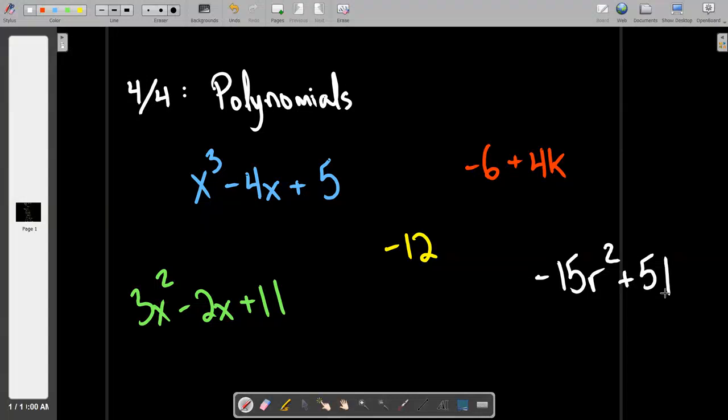So again, rather than discuss the definition of what a polynomial is, just know that there are lots of different types or flavors of polynomials. And the first half of today's lesson is dedicated to learning how to look at a polynomial and classify it by what are called its degree and its number of terms. So let's get some vocabulary out of the way first.